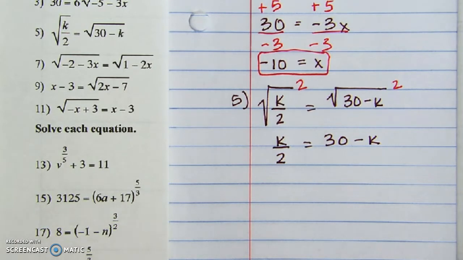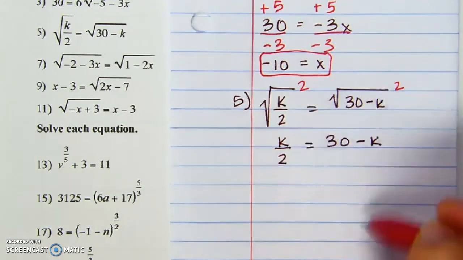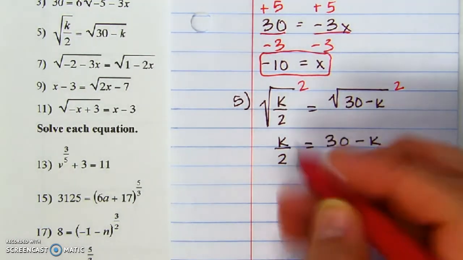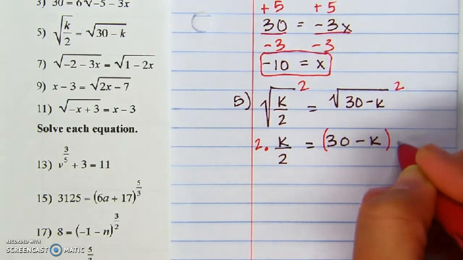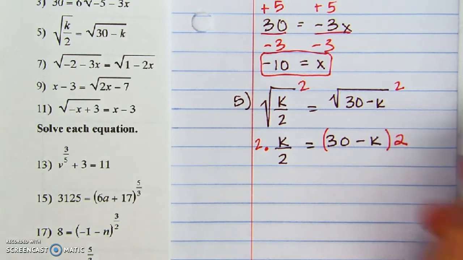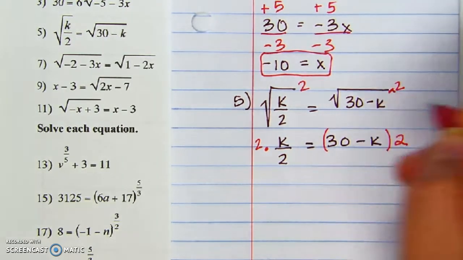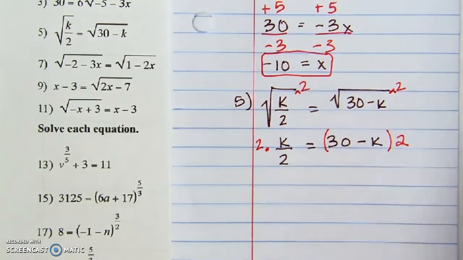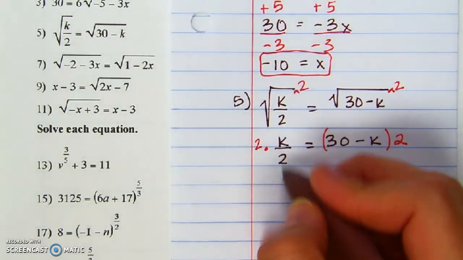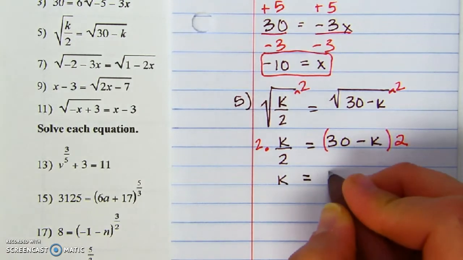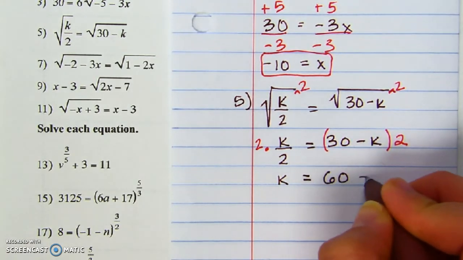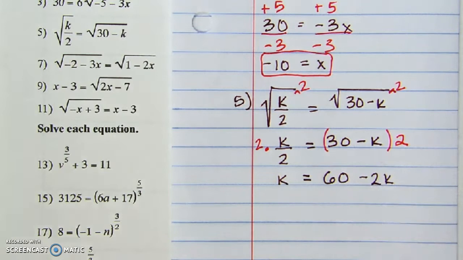If k is being divided by 2, I can multiply by 2. But just make sure you multiply everything by 2. Careful. We were squaring before, and here we're multiplying by 2, which is not the same. All right, 2 divided by 2, divide out, and we get k equals 60 minus 2k.